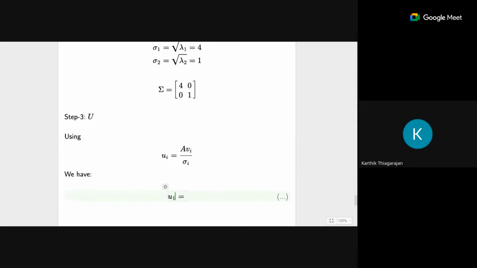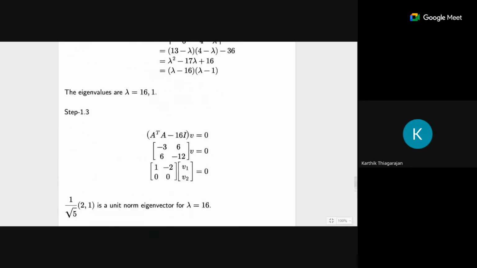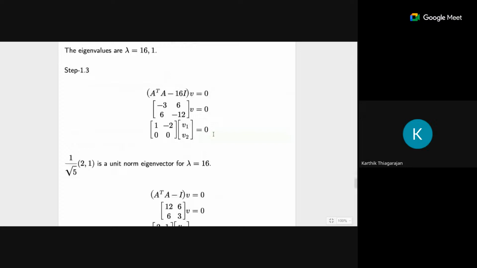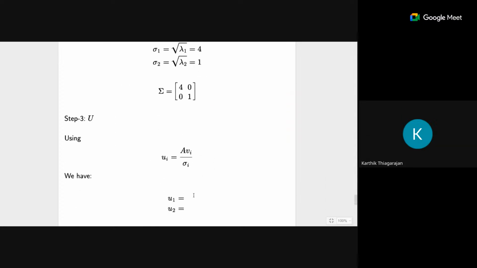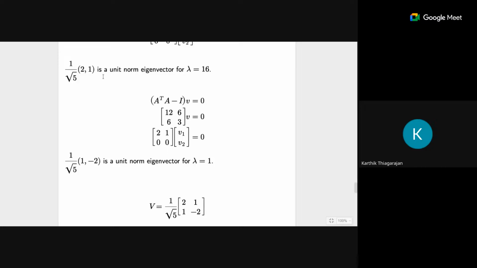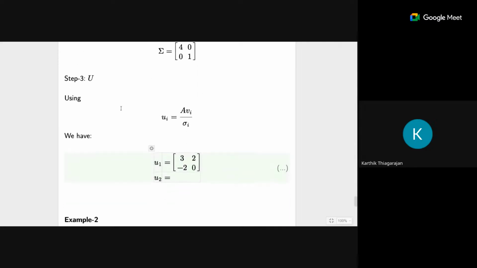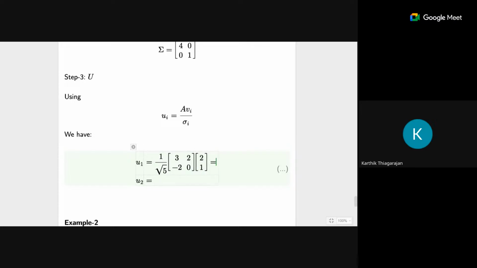Using this equation, let's first compute U1. U1 is A V1, so first we need to get hold of A. V1 was 2 comma 1 by root 5. So this will be some vector: 6 plus 2 is 8, and minus 4.